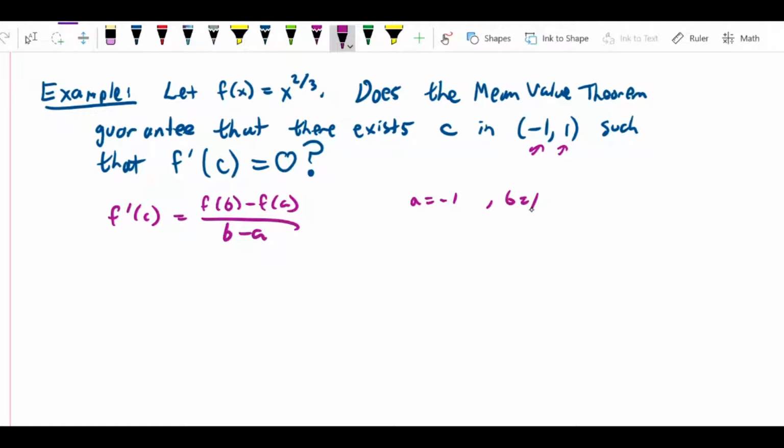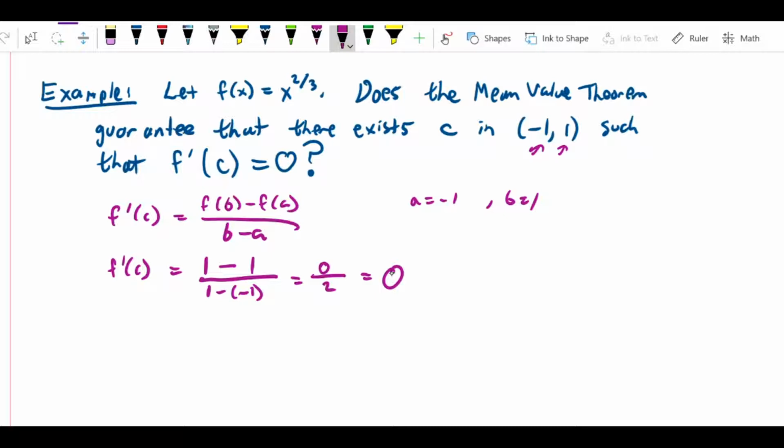So what that means is that I should be able to write f prime of c equals, let's see, f of 1, 1 to the 2/3 is 1, and -1 to the 2/3 is going to be -1 squared is 1, and then the cube root of 1 is just 1, over 1 minus -1, so that equals 0 over 2, which is 0.